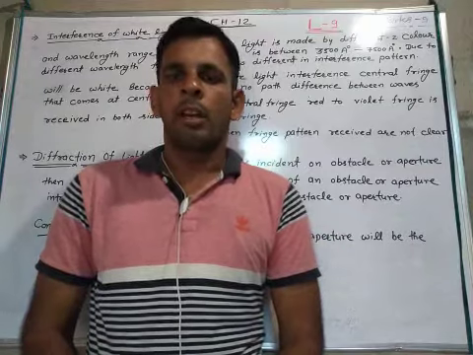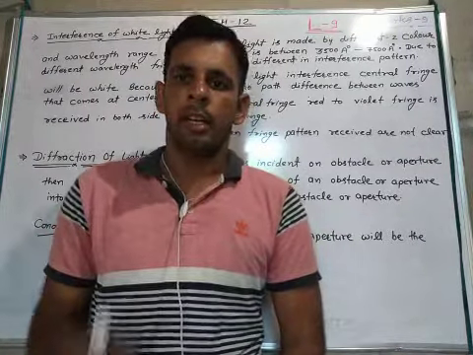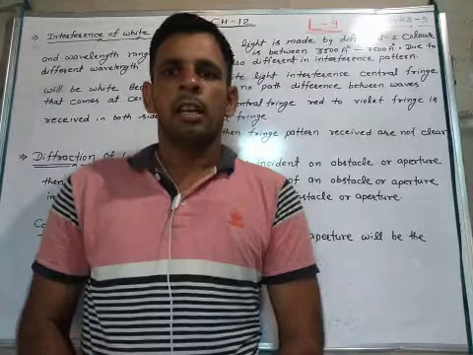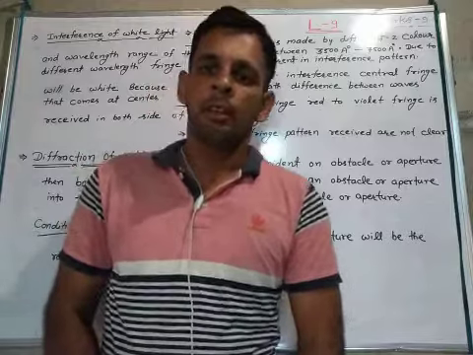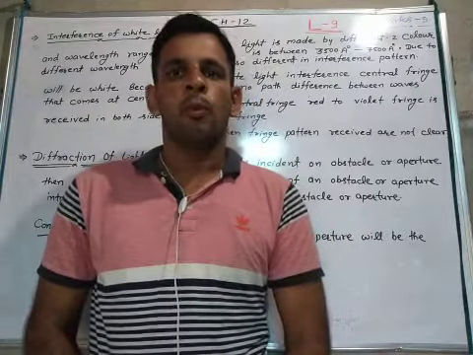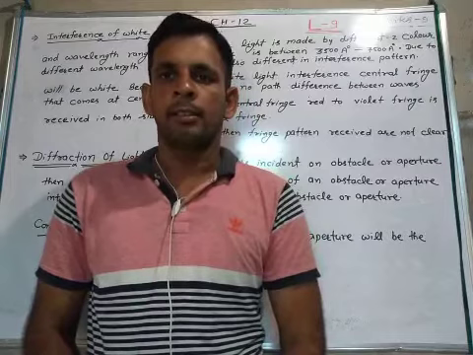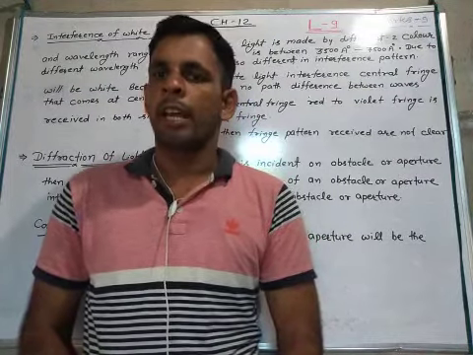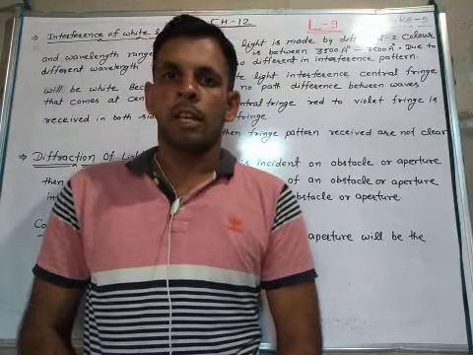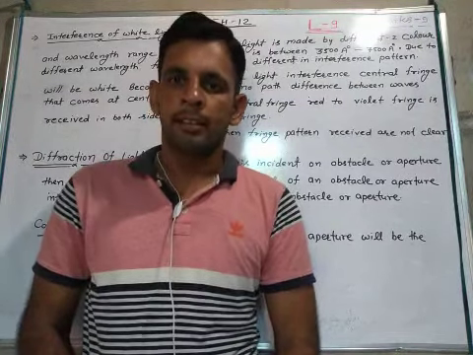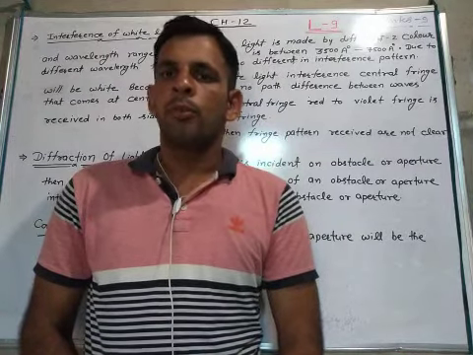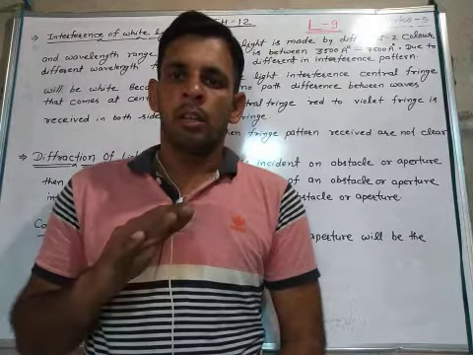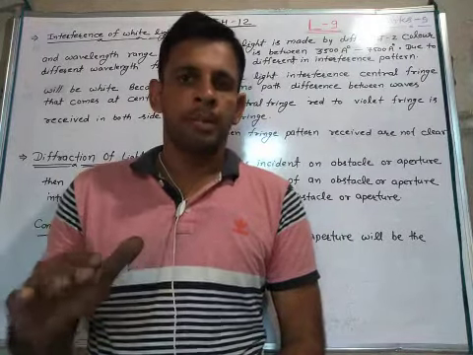The fringe at the center is called the central fringe. The central fringe will be white in white light interference, because at the center there is no path difference for any color of light.